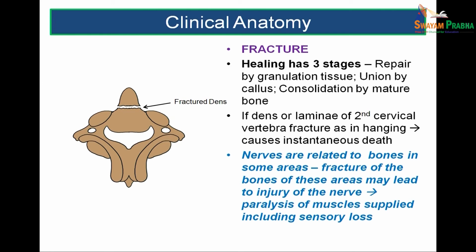Why are fractures important? Besides having a fracture open or closed, you also have to worry about what that fractured bony edge can damage. Always remember, nerves and arteries are very closely related to bones, and so when there are fractures of bones, the nerves and arteries could get damaged and injured.